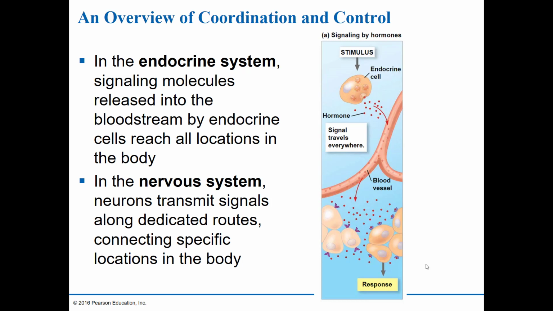And take it in and do something specific with it. So if you just go through this image right here, a stimulus is going to hit the cell. This sparks the cell to release a hormone into the matrix, which is going to attach to a blood vessel.